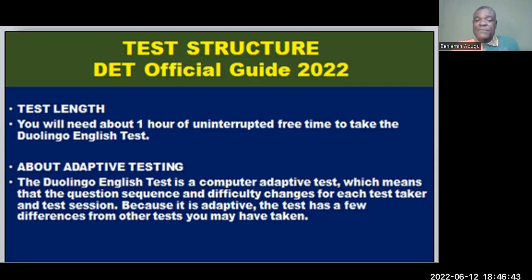The test has a few differences from other tests you may have taken, because here you are dealing with what is called artificial intelligence, okay? The questions are generated randomly, so it's not structured like IELTS. The questions are given to you randomly and they change depending on your responses, okay? So it is answer adaptive.